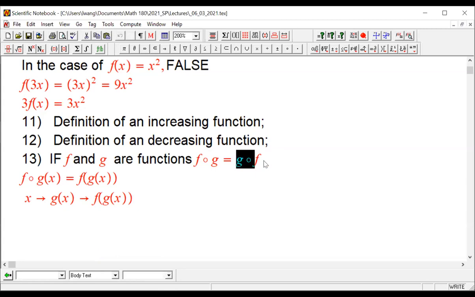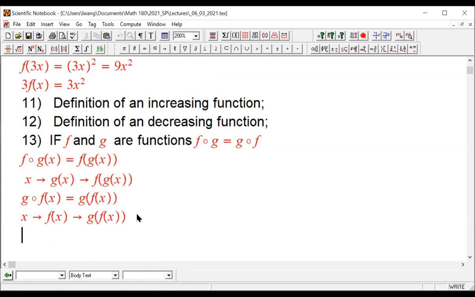That's the flow. You follow me? How about g composite f? Work on input. That's g of f of x. And of course, you know the flow is what? You first do f of x, and then you have g of f of x. You follow me?